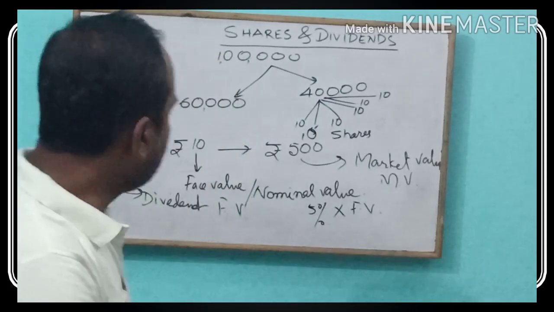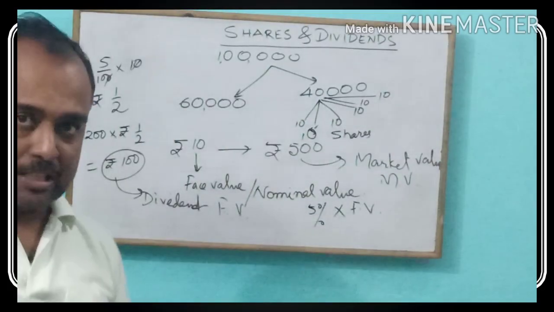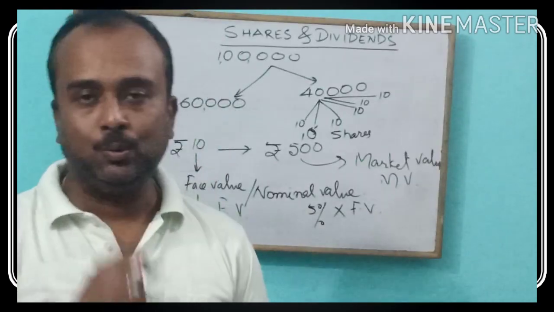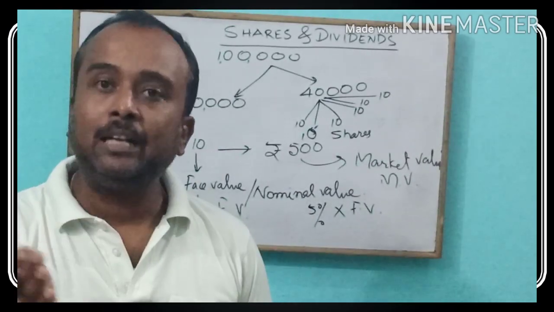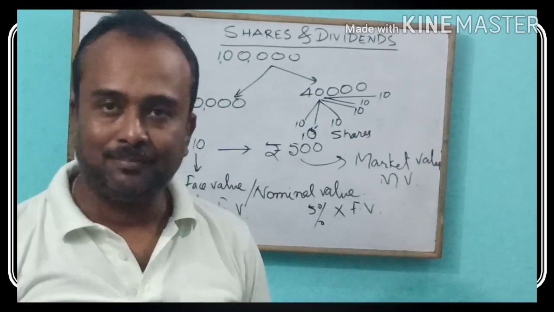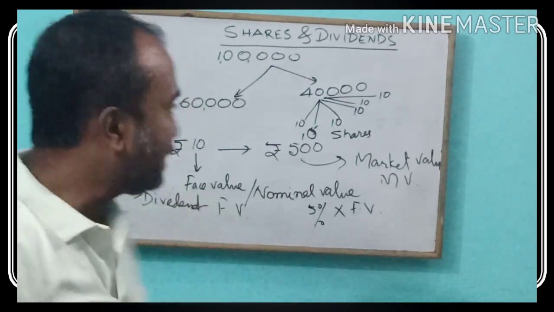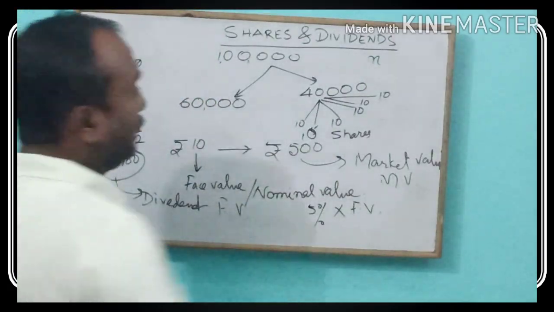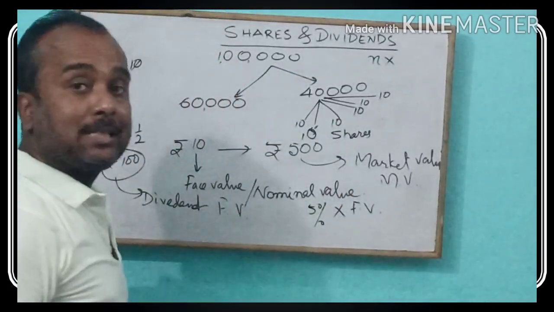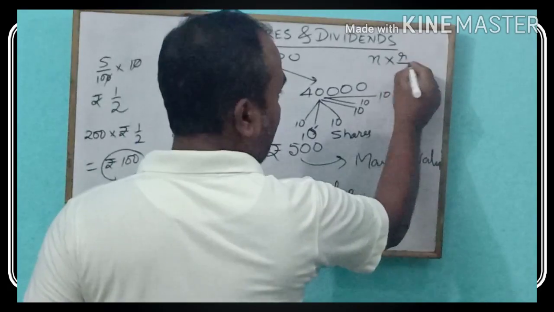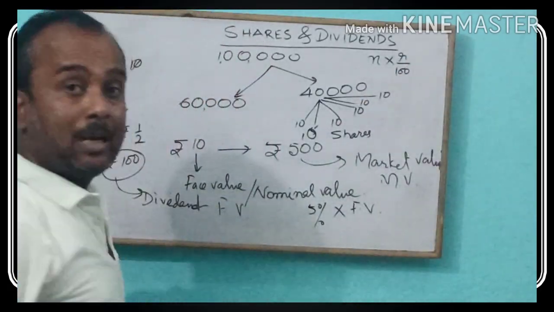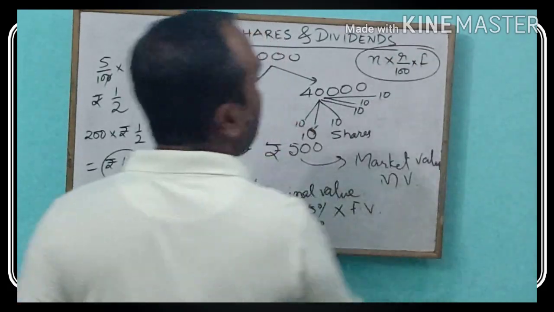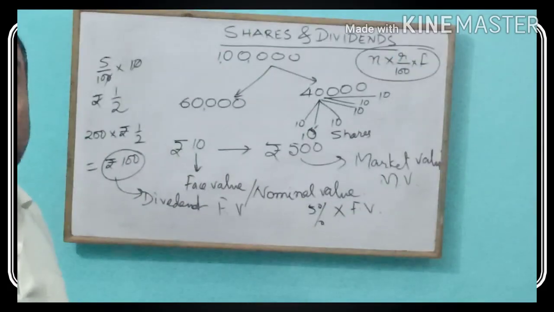So what we understand is the number of shares a person has into the dividend on every share. If the number of shares is N, the dividend per share is R percent, and F is the face value, then this is the annual dividend.